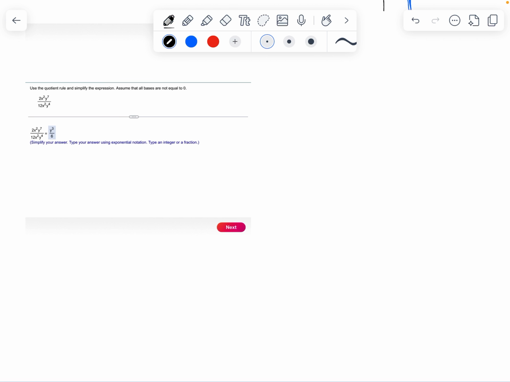So here it says use the quotient rule and simplify the expression that we have. So assume that all the bases are not equal to 0. Okay. So I have 12 x to the second power, y to the 7th power, over 12 x to the second, y to the 4th power.